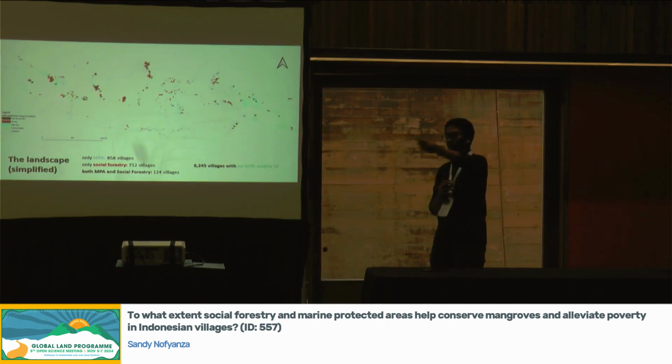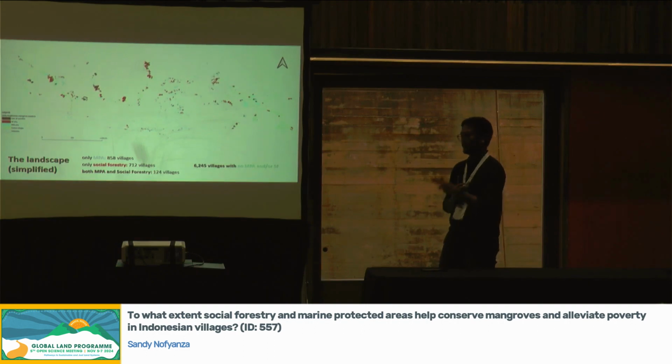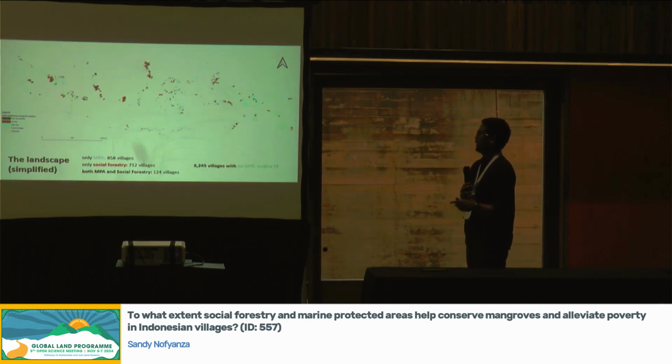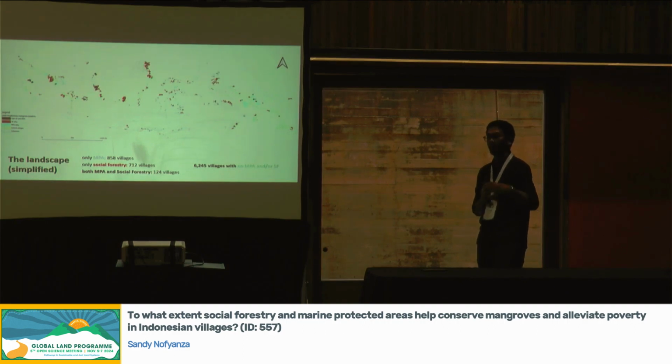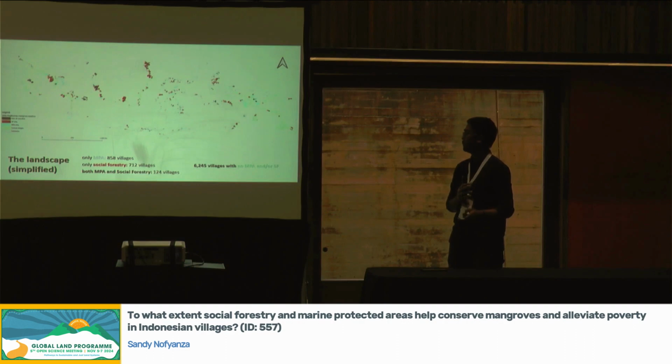So of course, mangroves are located basically on coastlines, and there are almost 900 villages with only MPA, and 700 with only social forestry, and 124 with both MPA. I'm comparing them with 6,000 villages.